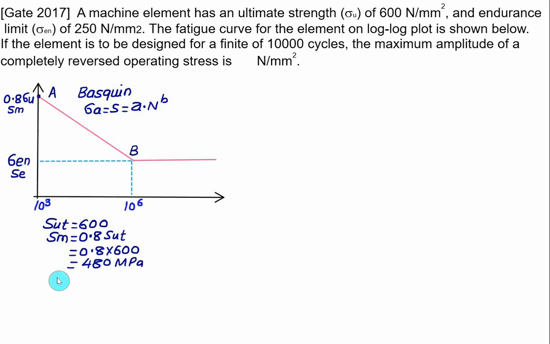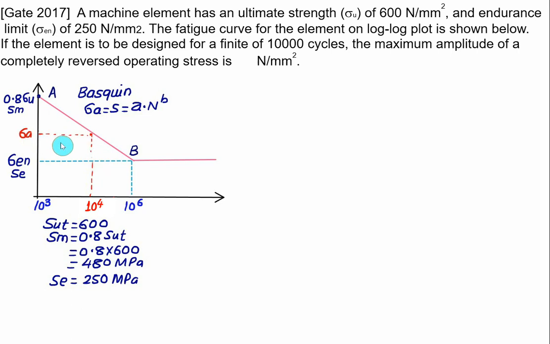And the endurance strength SE is given as 250 megapascal. For 10 to the power 4 cycles, it will be approximately at this point, and correspondingly if we look at the point we can find out the stress, which is the same as the amplitude stress.